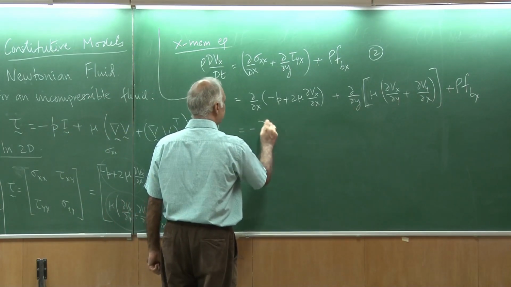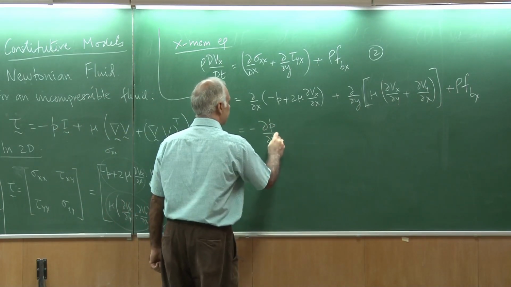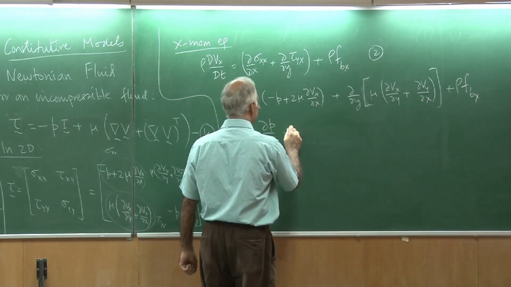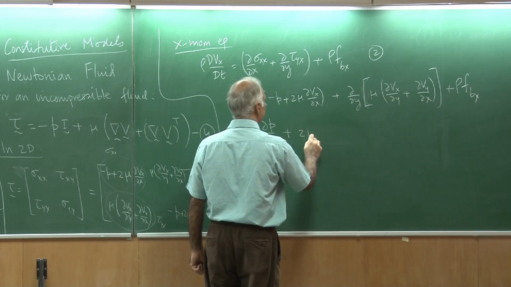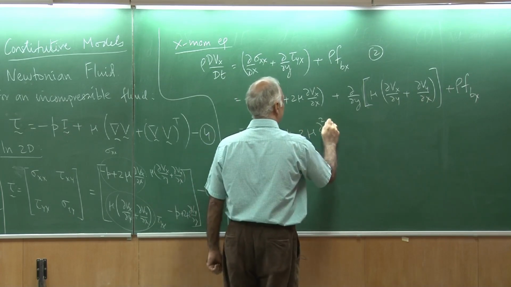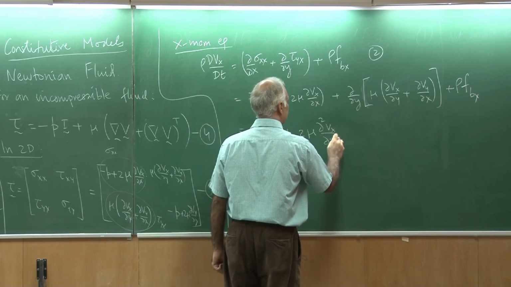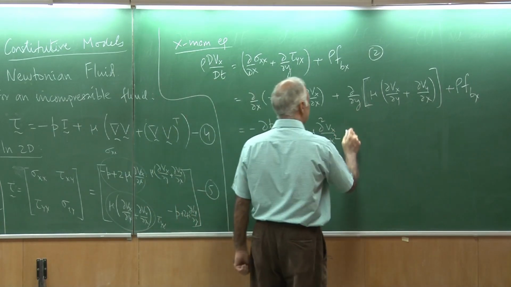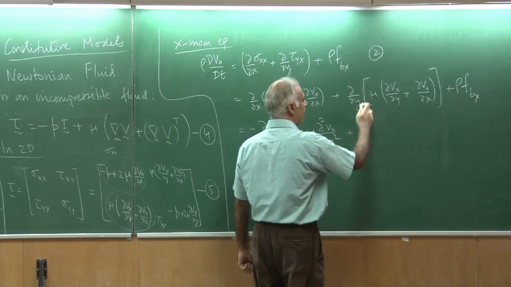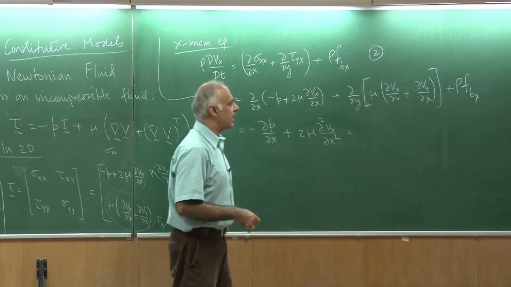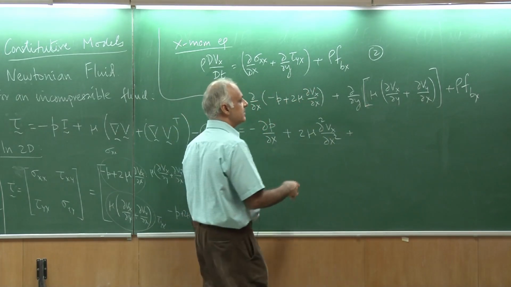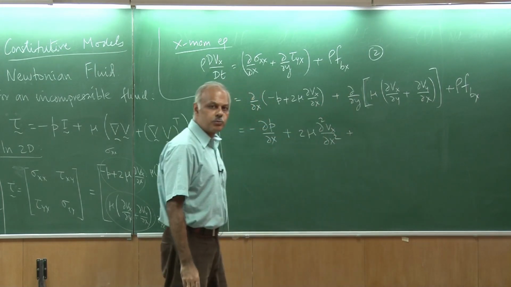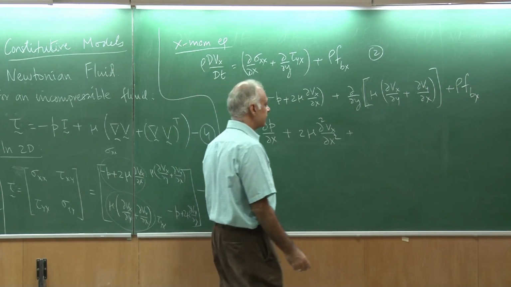So, I get minus del p by del x, and then I get this term here, plus twice mu del square Vx by del x square. For this term, I am now going to assume that my viscosity is not changing with x and y just for simplification, and I am going to pull it outside the derivative.